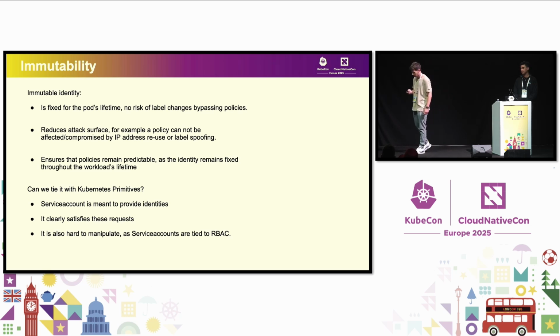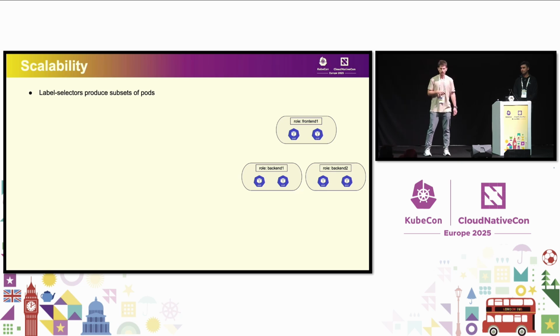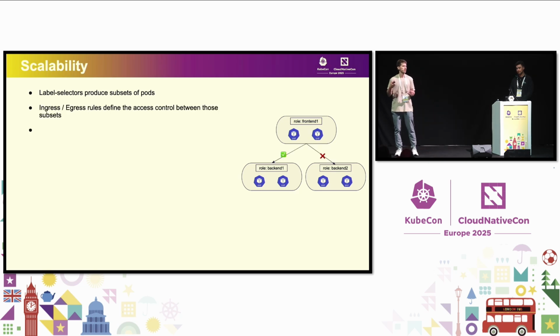Now, before we go and talk about more implementation of that, right? Igor mentioned some of the problems being scalability. It's just to illustrate that. So when we talk about label selectors, which again is not an identity, these label selectors produce subsets of pods. Now, when we talk about ingress and egress rules, they define these access controls between these subsets.